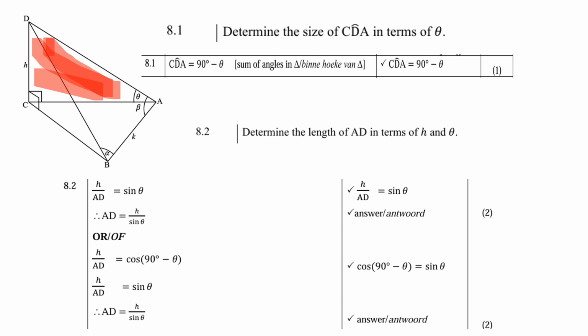If you look at that right-angled triangle, you will realize that the sine of theta is opposite over hypotenuse, so therefore it is H over AD. Cross multiply and make AD the subject. So therefore AD is H over the sine of theta. Or you can use the other angle, cos of 90 minus theta, and you'll get exactly the same answer.